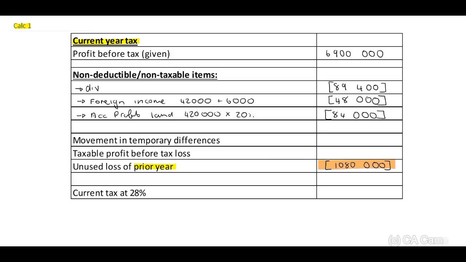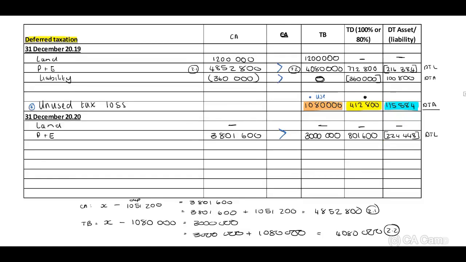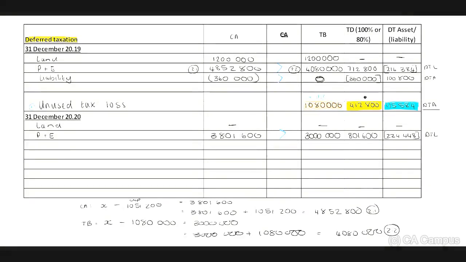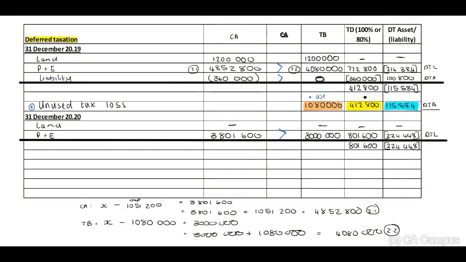Now, do you agree with me? When we look at our deferred tax calculation, it is now complete. And we need to determine the amount that we need to include in terms of our movement in our temporary difference. Remember, this is from our deferred tax calculation, and this will be our calculation number 2. Now, let's complete our totals. Right, now I want you to listen, please. We need to identify the movement.